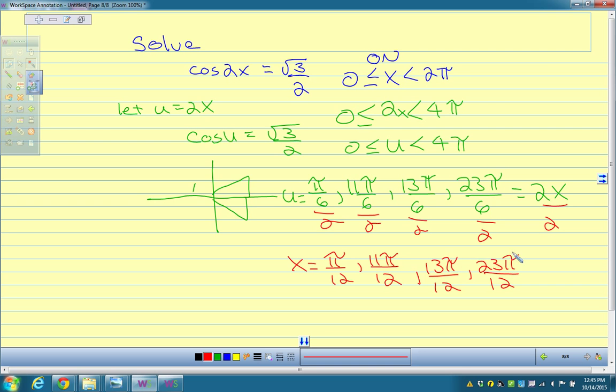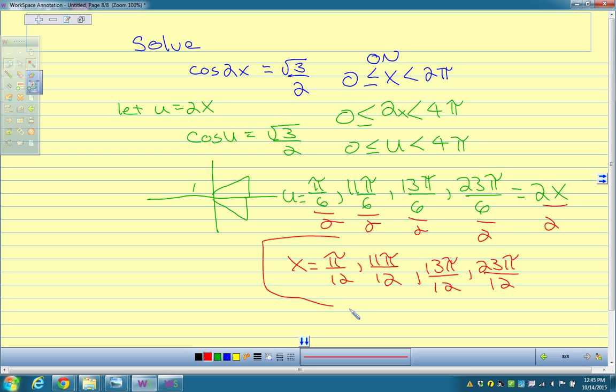And notice that all of these answers are between 0 and 2 pi. Where all these answers were between 0 and 4 pi, which makes all of these answers between 0 and 2 pi. Do you see that? Okay? So these are your answers.